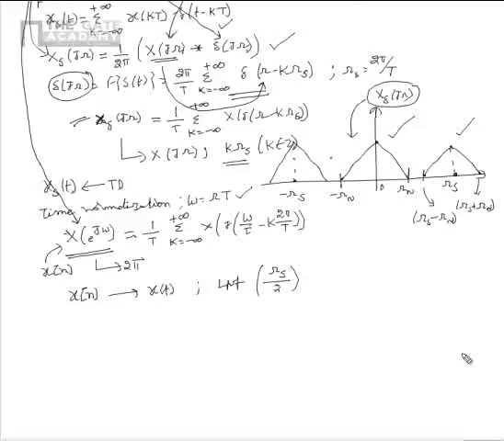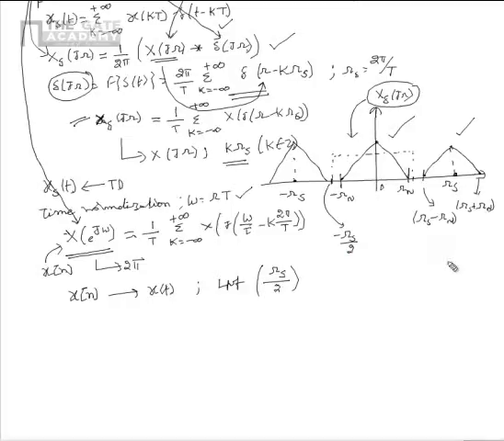That is X_s(jω) that we have shown. If we use a low pass filter which has a cutoff frequency of ω_s/2, we can reconstruct the original signal back.